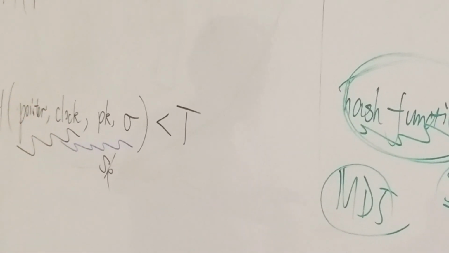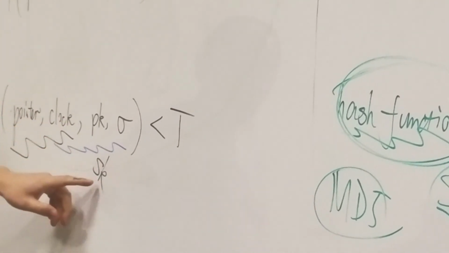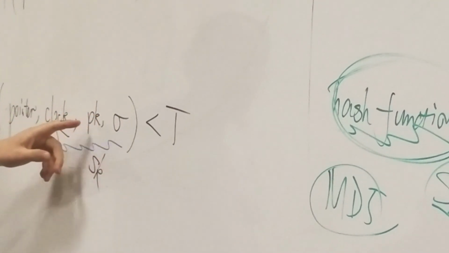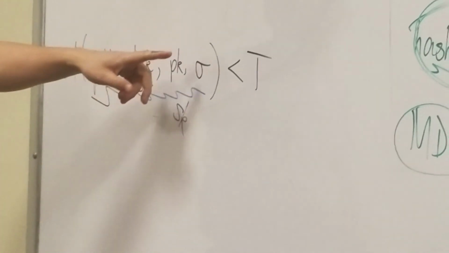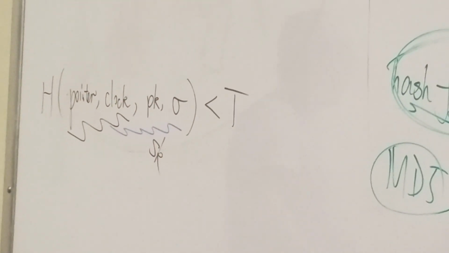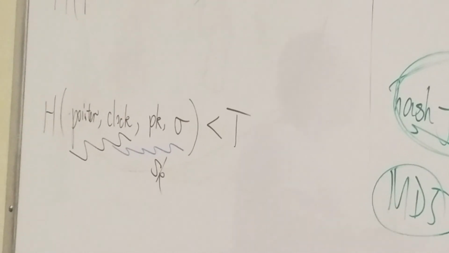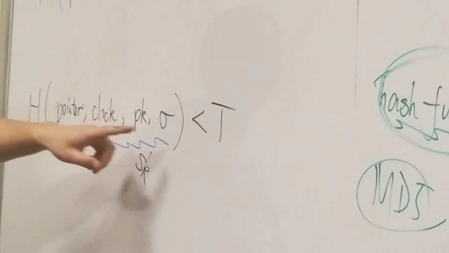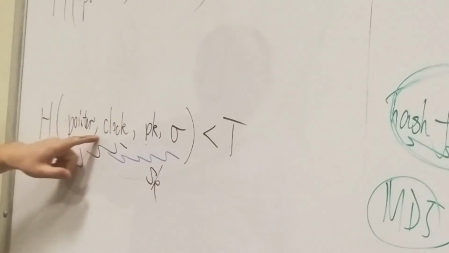Every time I look at my clock, I use my secret key to sign, and I get this string, PK and sigma. Then I test whether this inequality holds or not. If it holds, then I will release the entire thing, not the secret key. I will release this pointer, clock, PK.